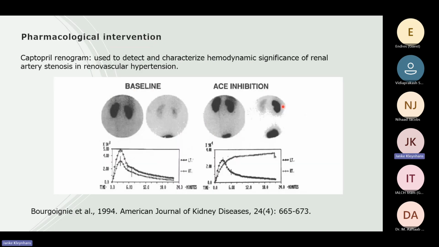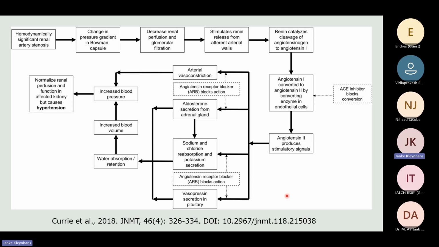The next one is the captopril renogram, which is an ACE inhibitor. And this will also change the hemodynamic significance of renal artery stenosis and renovascular hypertension. So you will then also see the differences between the kidney functions. This is also quite an important investigation to do. It has significant implications for the patient management thereafter, and there is also a reference for you to have a look at.